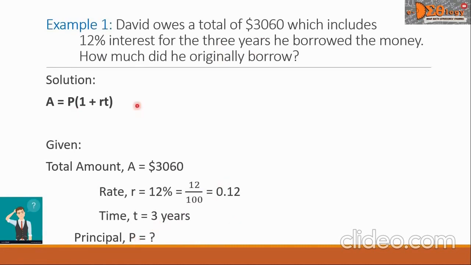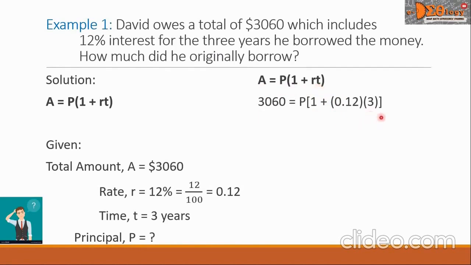Using our formula here now, let us write it on this side and let us do the substitution. For the A, it is now 3060. P is the variable and we will copy it again here. 1 is a constant, and then plus the product of RT. The R now becomes 0.12 and the T is 3.